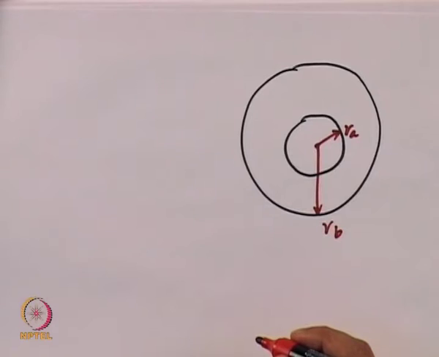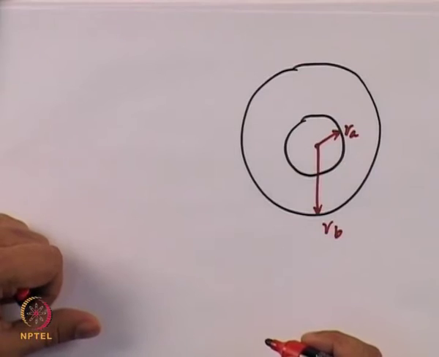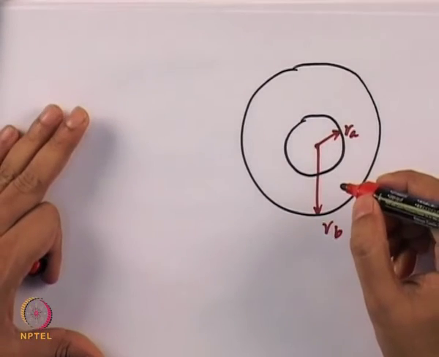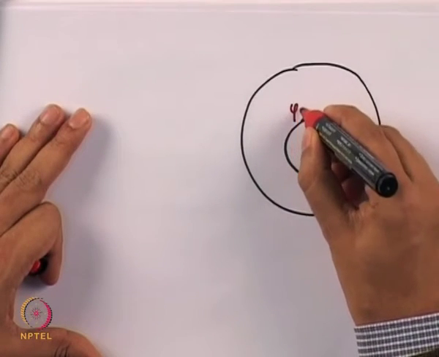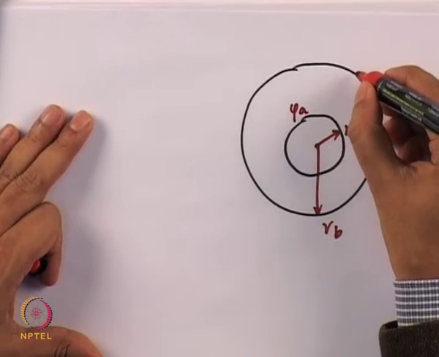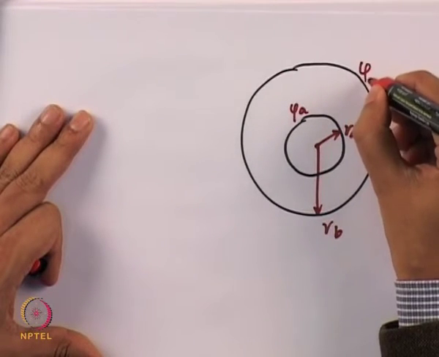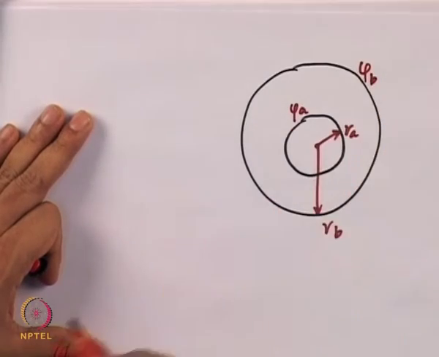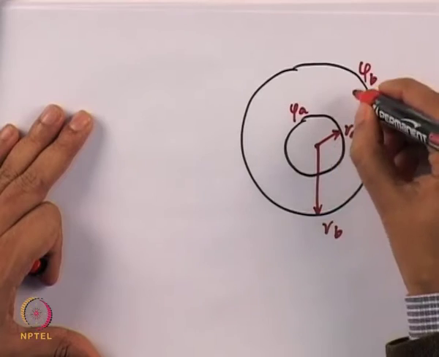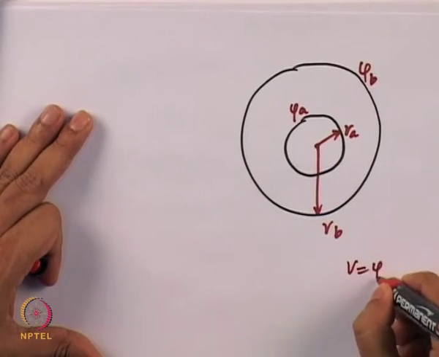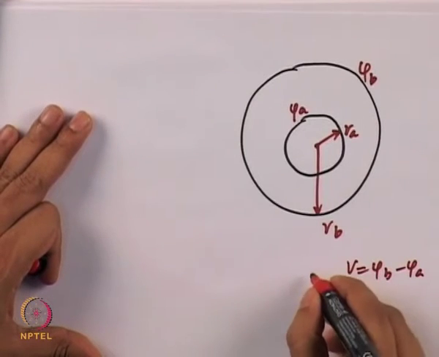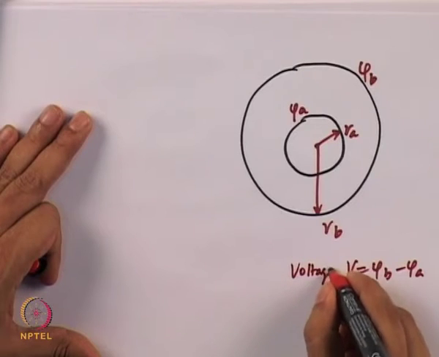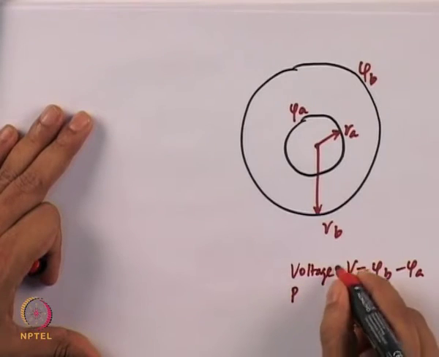So this is going to be the basic geometrical aspect, and on top of it we are going to give certain electrical parameters to it. The electrical parameter is the voltage on the inner conductor is going to be given as phi of A, and the voltage on the outer conductor is going to be given as phi of B. So when we talk about voltage difference, we are talking about V, that is equal to phi of B minus phi of A. So this is the voltage or potential difference.